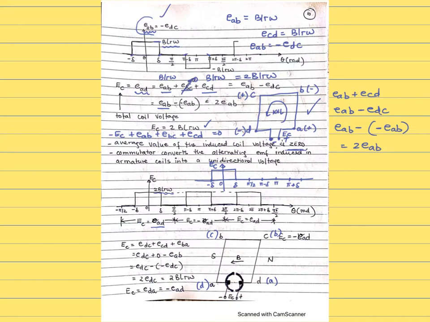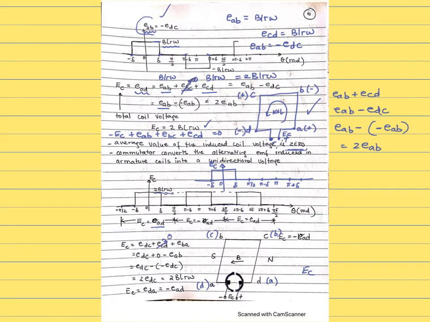So once it has gone through a rotation, now you can see that your EC, the coil voltage in this case, is given by EDC plus ECD plus EBA, where for that part it's 0, and the rest of the two are there.